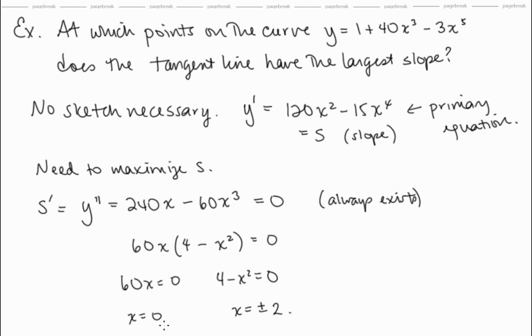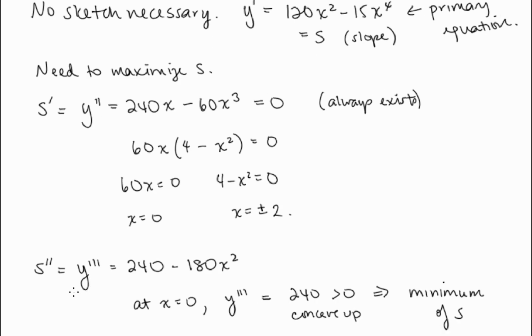And so x is equal to 0, or x is equal to positive or negative 2. Now we're looking for points on the curve that have the largest slope, so we're looking for maximums here. So we want to plug these x values into s double prime and see which ones have a negative second derivative. So s double prime is y triple prime, that's 240 minus 180x squared.